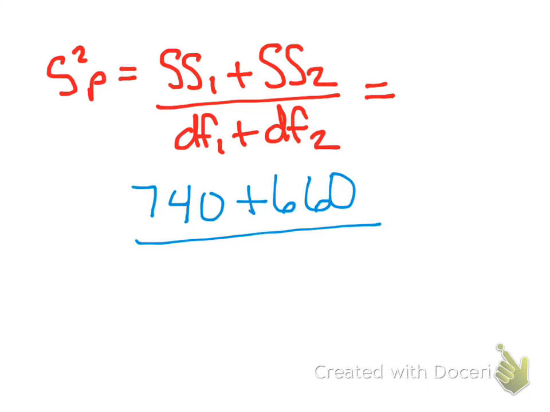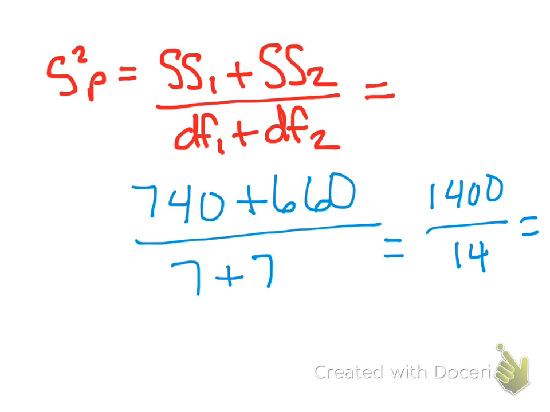I'm going to divide that by the sum of my degrees of freedom for each of the samples. All right, and this is going to give us 1400 over 14, and that's going to give us a pooled variance of 100, if I did my math correctly. Okay, so my pooled variance is 100.